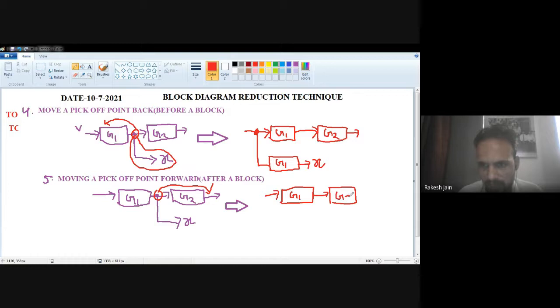This was the previous diagram. Now I just move this pick-off point after the block. So definitely the line and whatever value I write down here will also come, but with a block in reciprocal manner. It will move after the G2, so G2 will come in reciprocal, 1 upon G2.